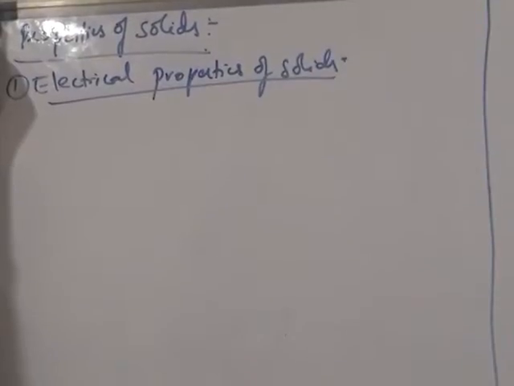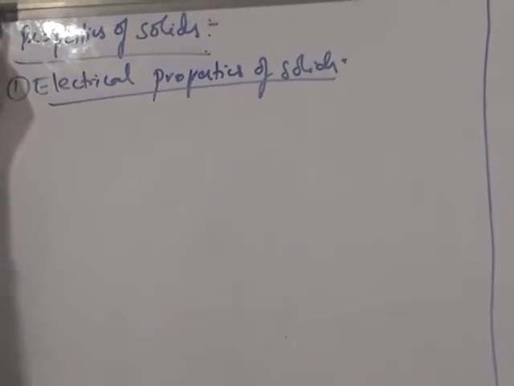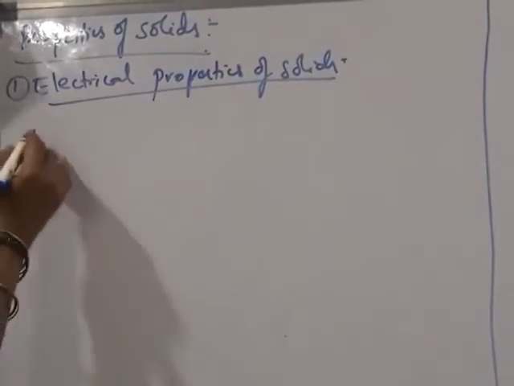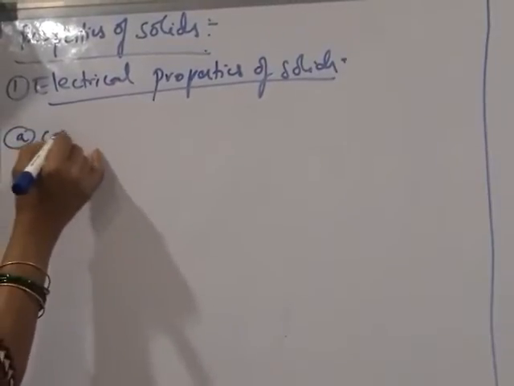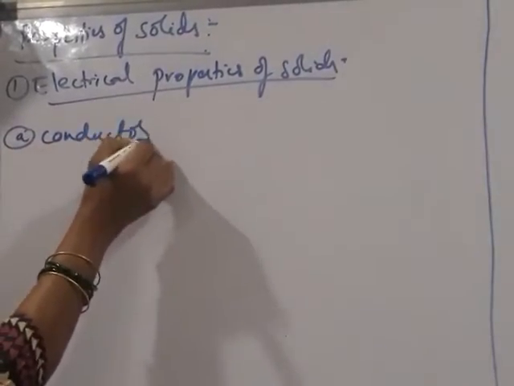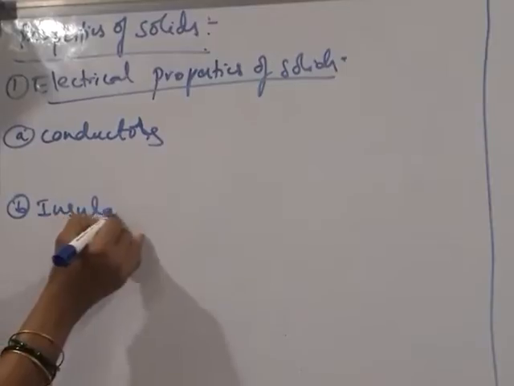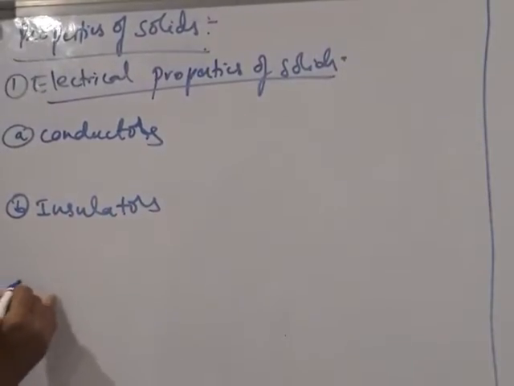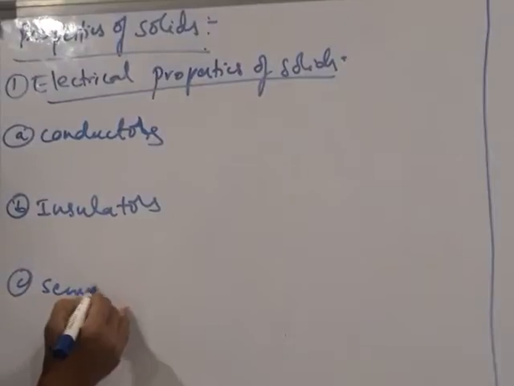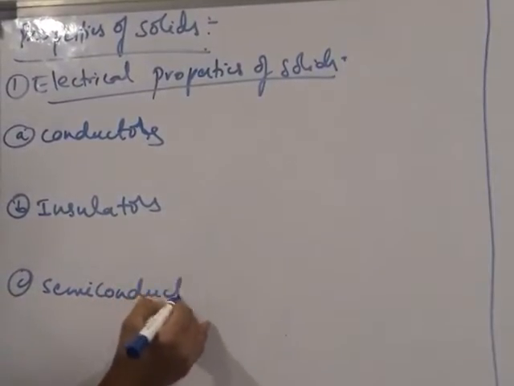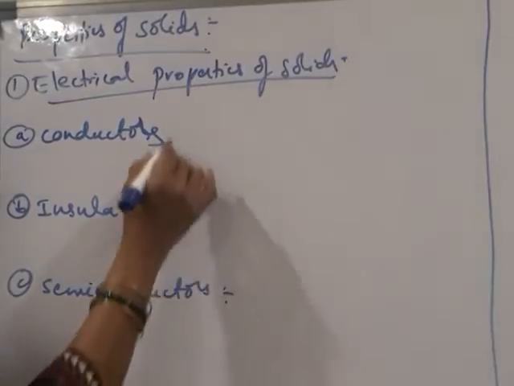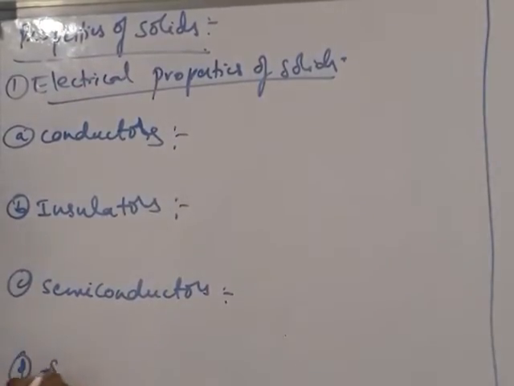Based upon conductance, solids are classified into four types: conductors, insulators, semiconductors, and superconductors.